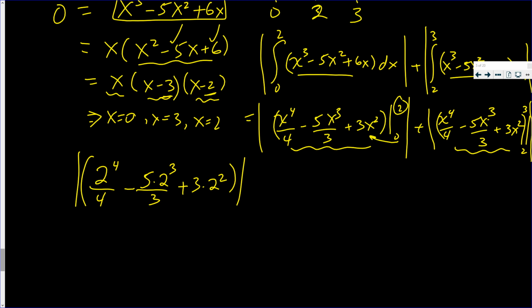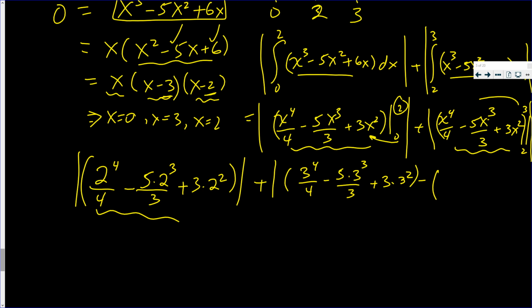Now we plug in 3. So it's x to the 4th over 4 minus 5 times x cubed over 3 plus 3 times x squared. Minus. We plug 2 in. But we just did that here, which was nice. So it's 2 to the 4th over 4 minus 5 times 2 cubed over 3 plus 3 times 2 squared.